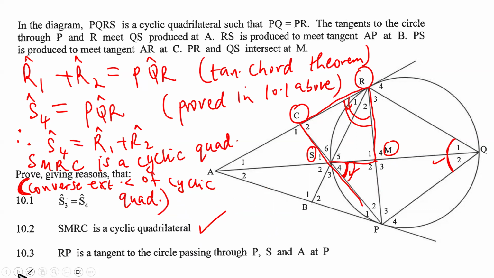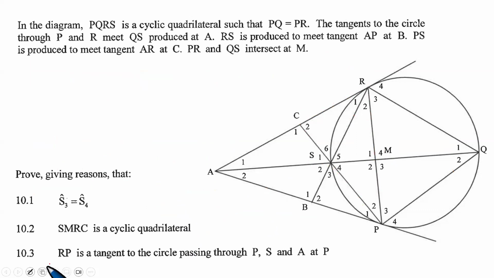And so we continue to look at 10.3. Prove, giving reasons, that RP is a tangent to the circle passing through P, S, and A at P. So at this point, you have R and P. There's a circle that passes through P, S, and A. In other words, we need to show that RP is a tangent.